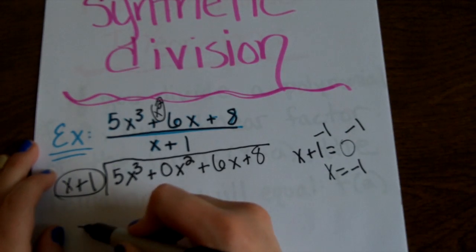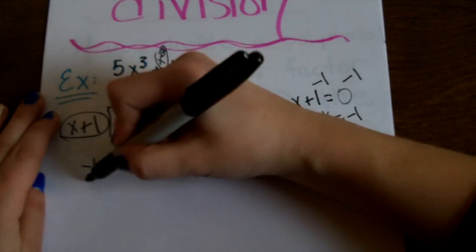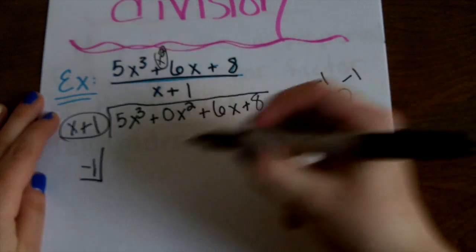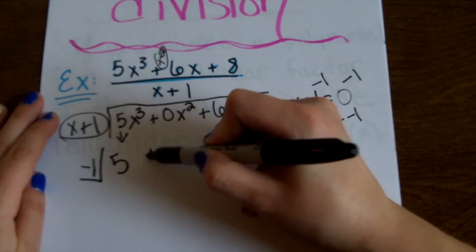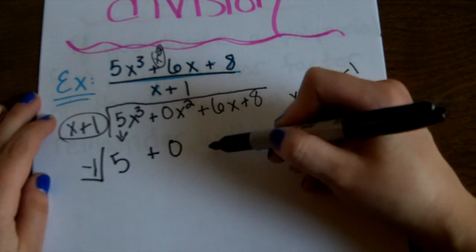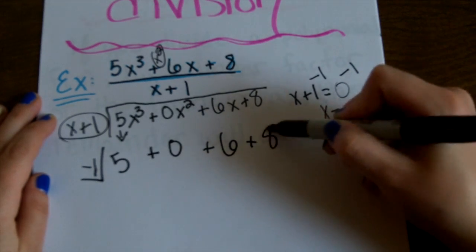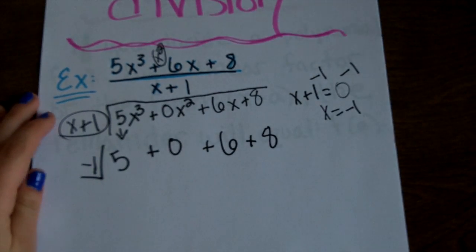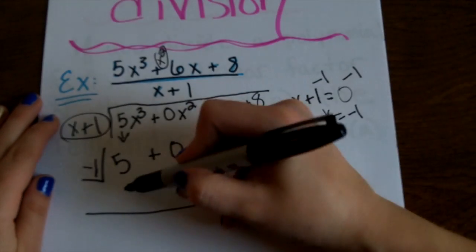So we're going to have negative 1 on the outside of our box, and then we're going to box it, and then bring our 5 down, plus 0, plus 6, plus 8.